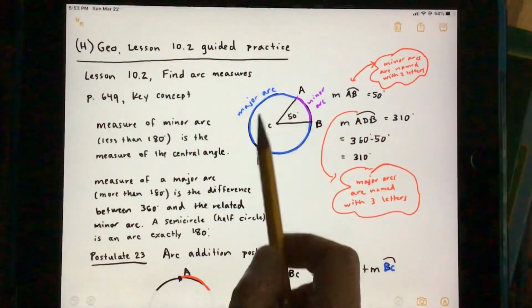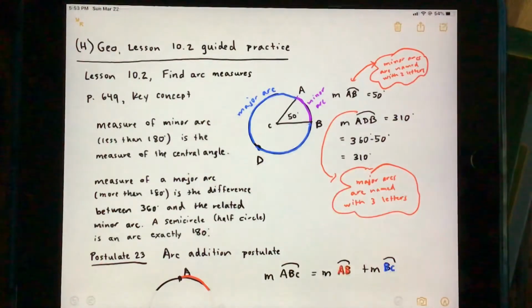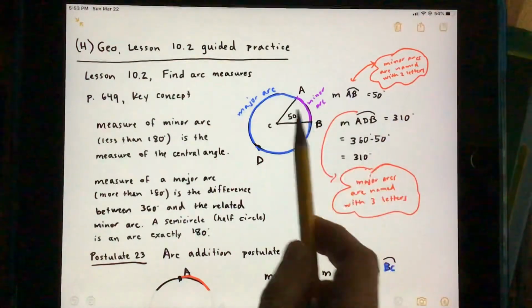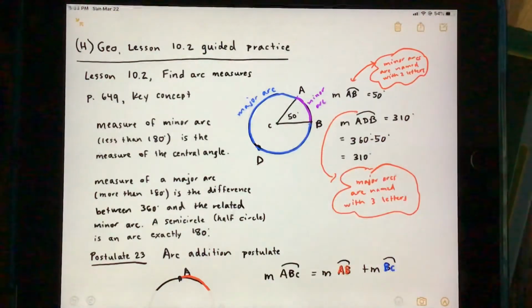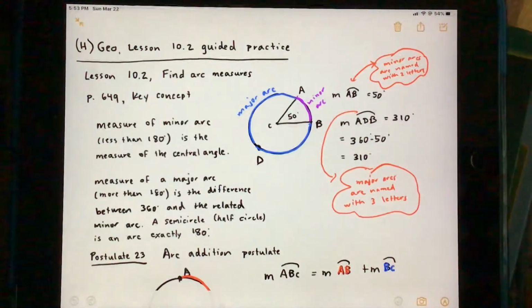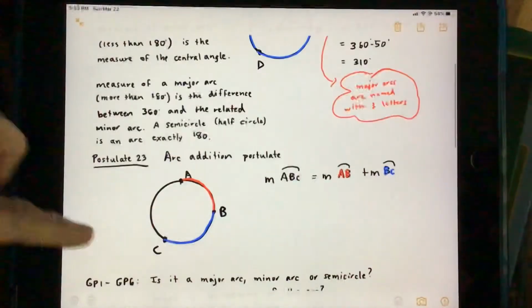So if we see three letters, we know we're talking a major arc, and it's going to be the longer route around the circle. To figure out how long that is, we're going to take 360 degrees minus that related minor arc, and that will give us the 310 degrees total for that major blue arc. So you want to make sure that you're aware of the fact that minor arcs are named with two letters and major arcs are named with three letters.